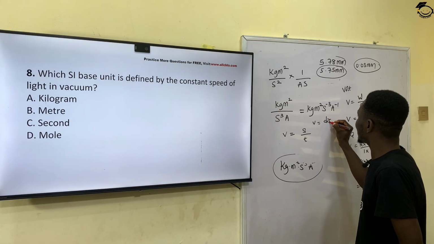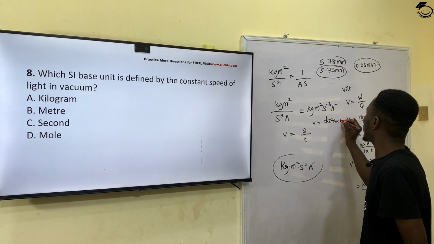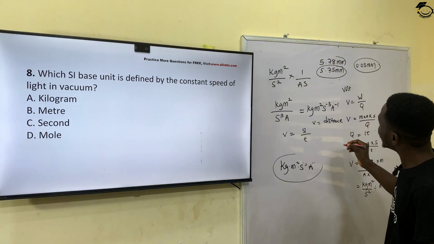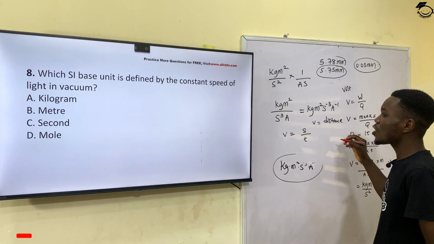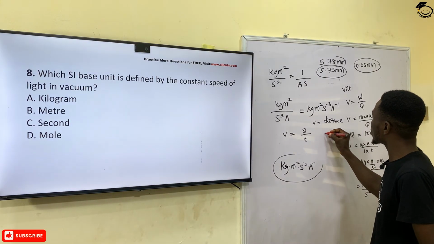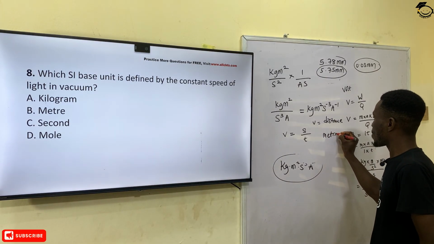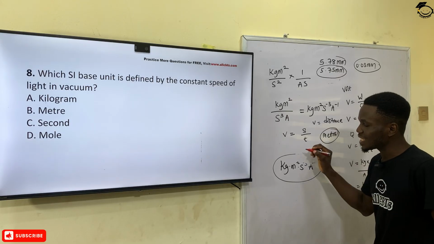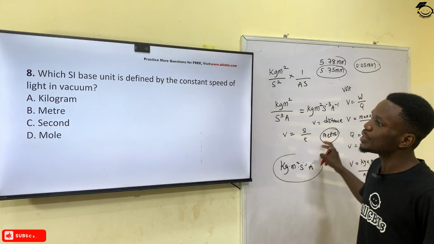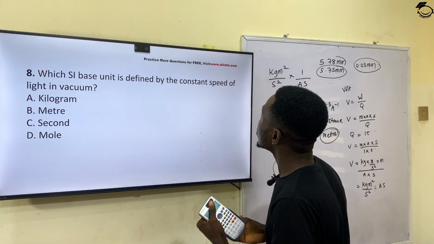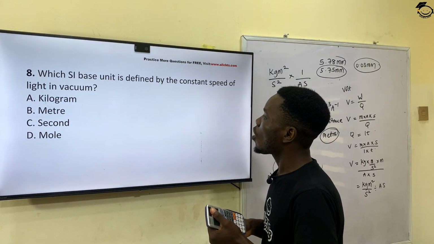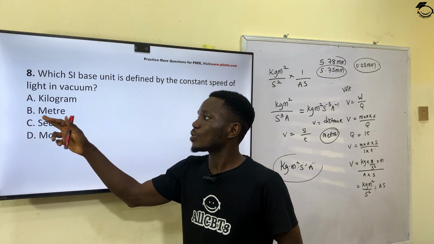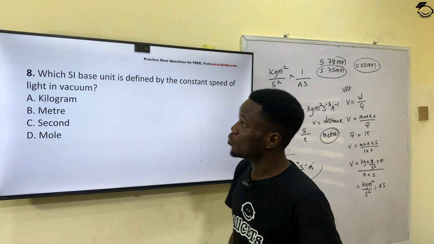And because I'm talking about distance, and I said in the video that I did on this topic that distance is a function of length, it means it's talking about the meter. So my speed of light in vacuum is a function of meter. So the correct answer to this question is option B, which is the meter.